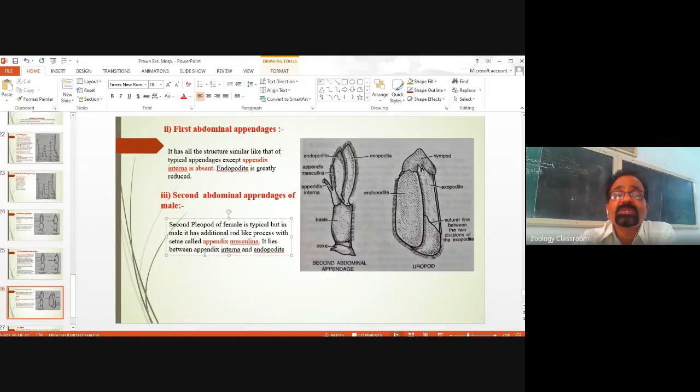It lies between the appendix interna and endopodite. Second abdominal appendage, that is second pleopod in case of male, is having appendix masculina. This is also one of the important sexual dimorphic character.